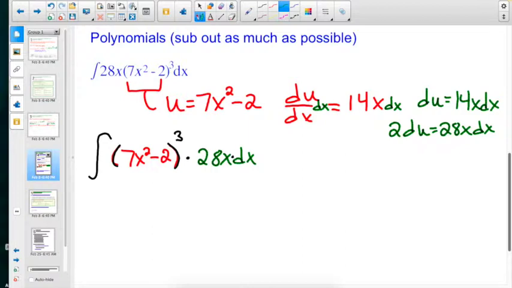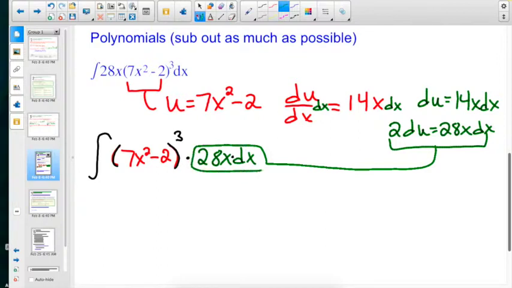Okay? So now what I have is a way to substitute out that whole expression. And instead of 28x dx, I'm going to call it what? 2 du. I'm going to call it 2 times du.